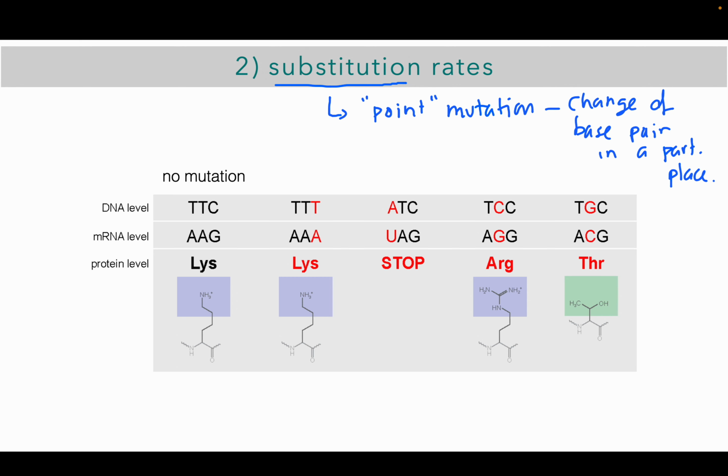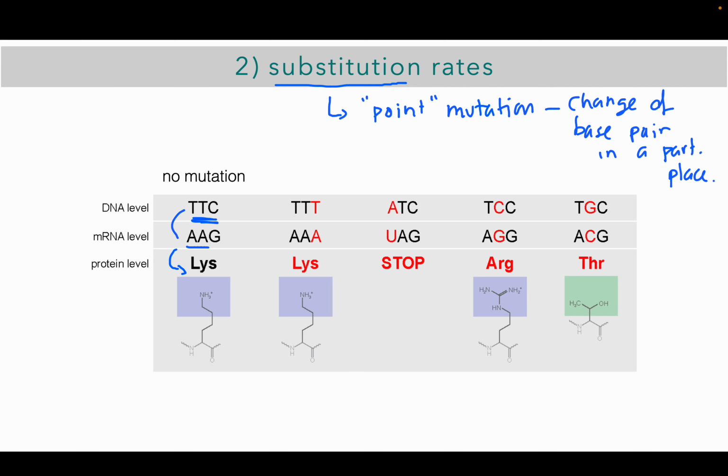One or two places, you replace one base pair with another, and you probably heard this before, right? So this is mostly review, but for example, you can have the regular sequence of TTC, it translates to AAG, and this usually produces lysine.